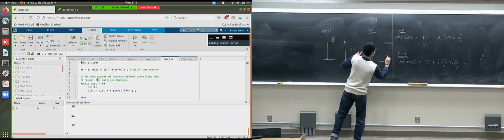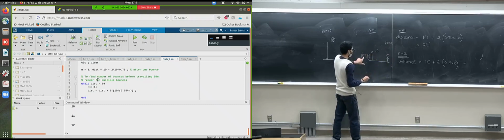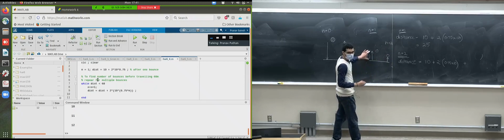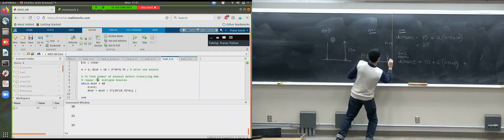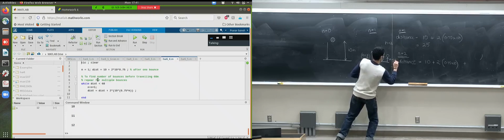The smaller height would be 10 times 3 by 4 times another 3 by 4, because this is the previous height, and it travels to 3/4 of the previous height. So it would be 10 times 3 by 4 times 3 by 4.